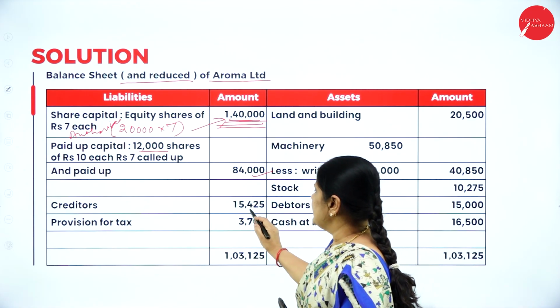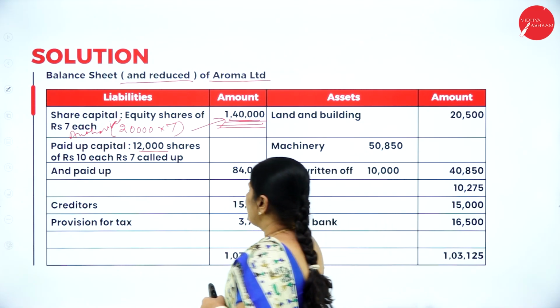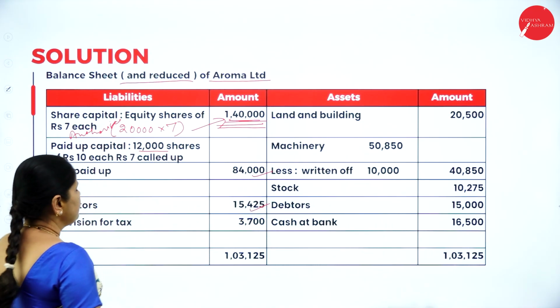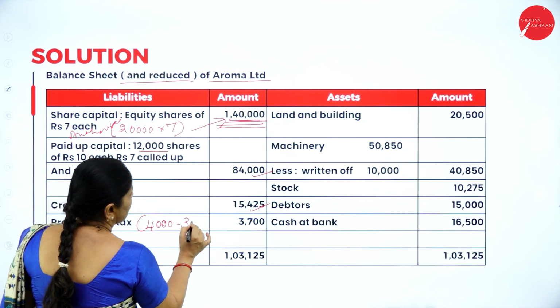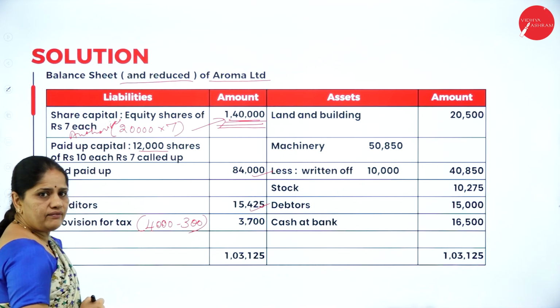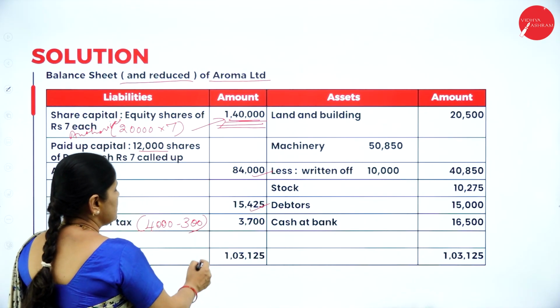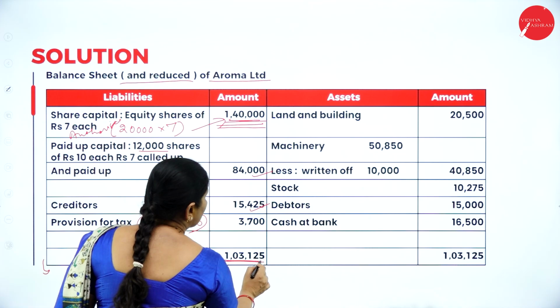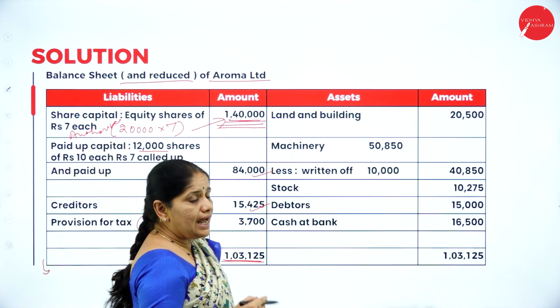Next one is the creditors, 15,425 and provision for tax. So provision for tax was previously 4,000. Out of this, 300 I have reduced. So the balance is 3,700. So we have a total of 1,03,125.